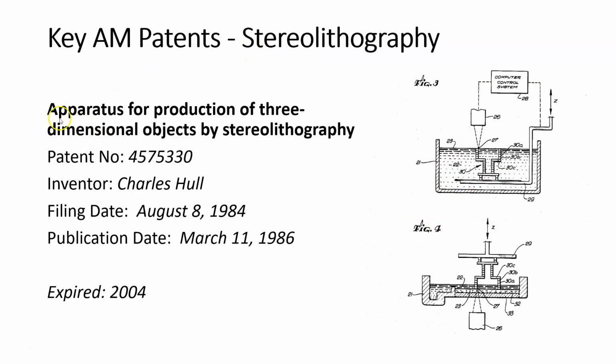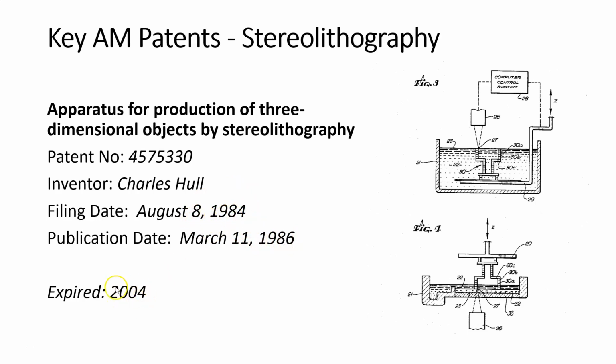So, stereolithography. The patent was for an apparatus for production of three-dimensional objects by stereolithography. It was patent number 4575330. Inventor was Charles Hull. Filing date was August 8th, 1984, and it expired in 2004, right? Publication date was 1986, but really the filing date is the critical date.